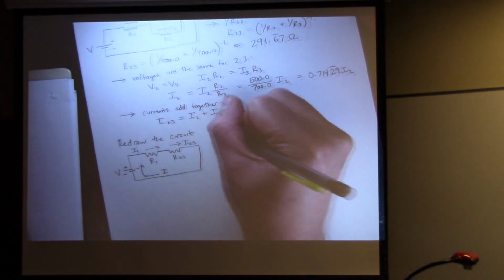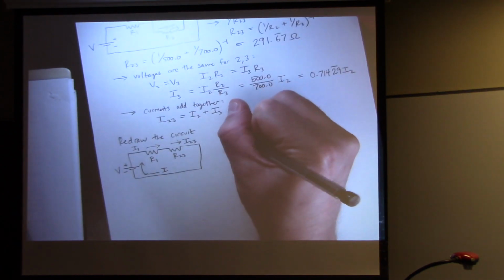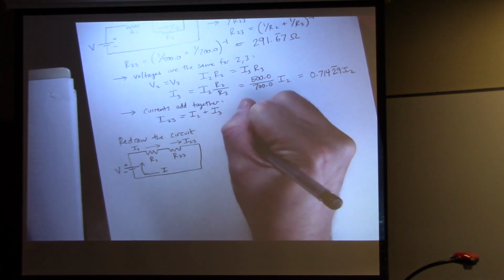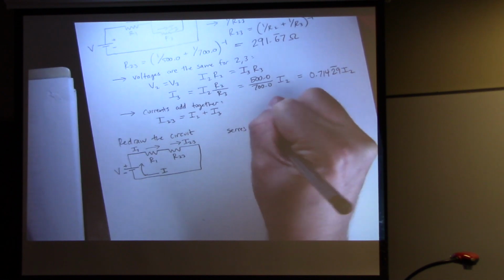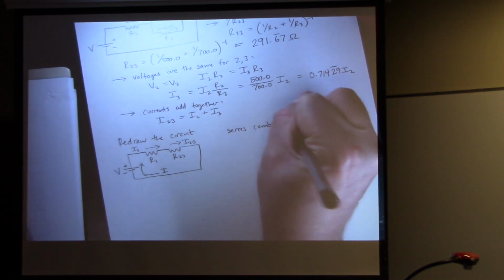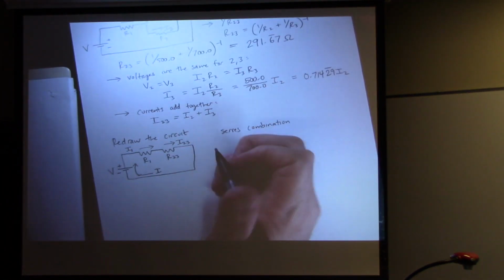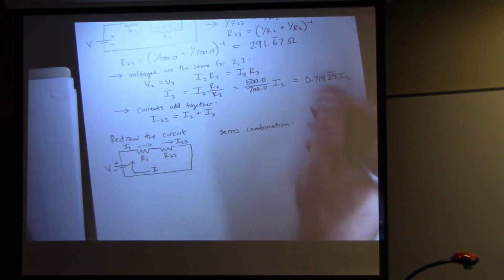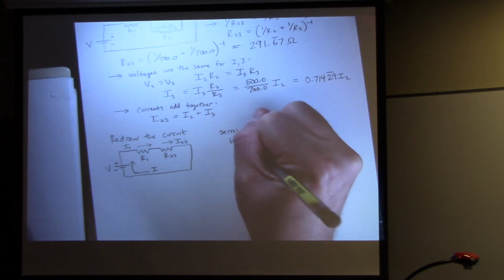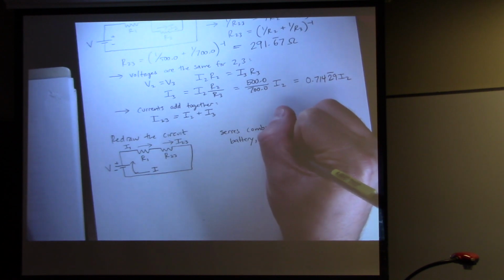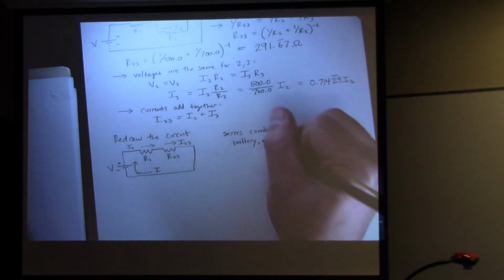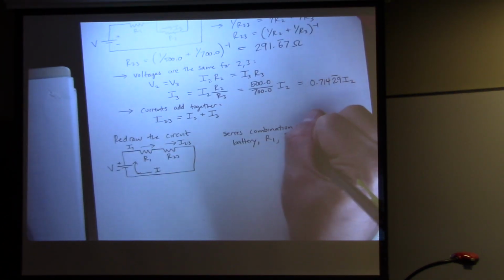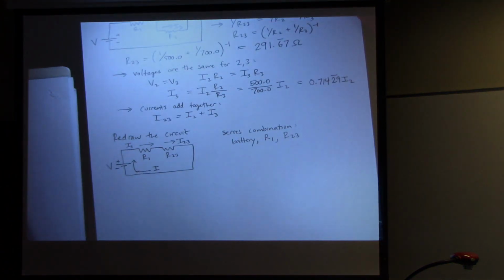So the first thing to note is what we have is a series combination of a couple different things. We have the battery, we have resistor 1, and then the combined resistor R23. That's all in series.